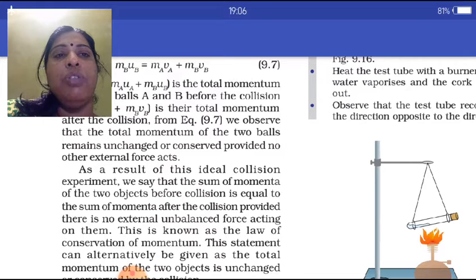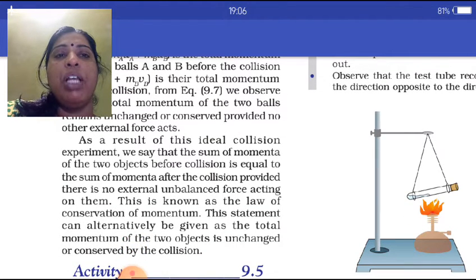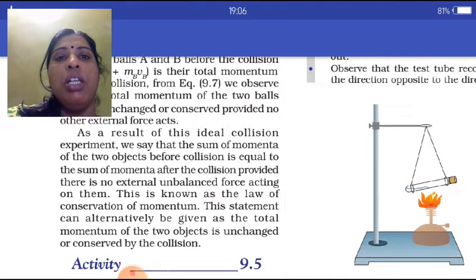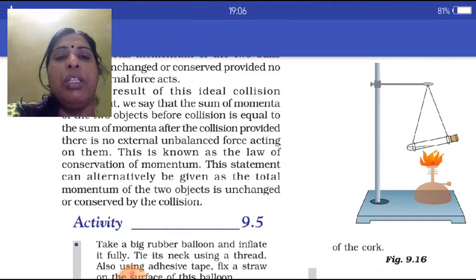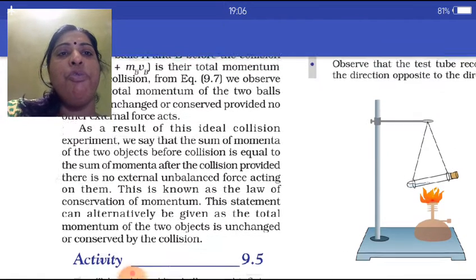As a result of this ideal collision experiment, we say that the sum of momenta of the two objects before collision is equal to the sum of momenta after the collision, provided there is no external unbalanced force acting on them. This is known as the law of conservation of momentum.